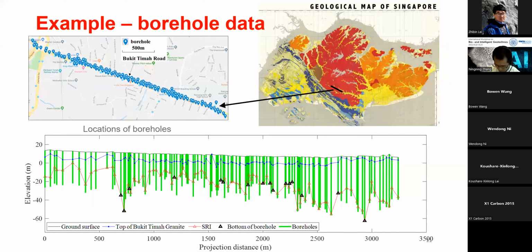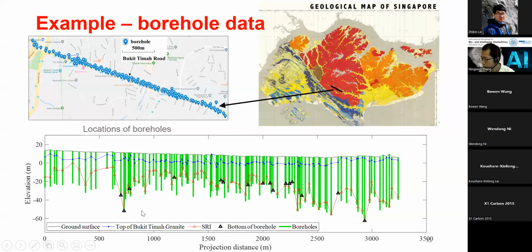So we use some borehole data located along a road in this area. There are around 110 boreholes, and as you can see from the bottom figures, the rockhead is denoted by these triangle symbols.